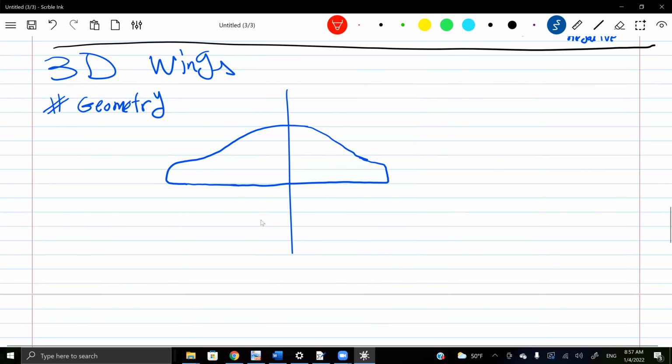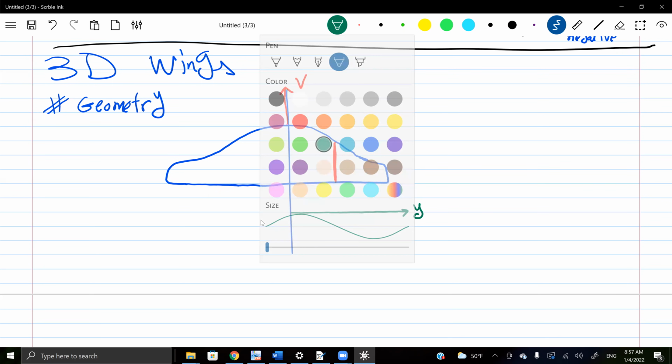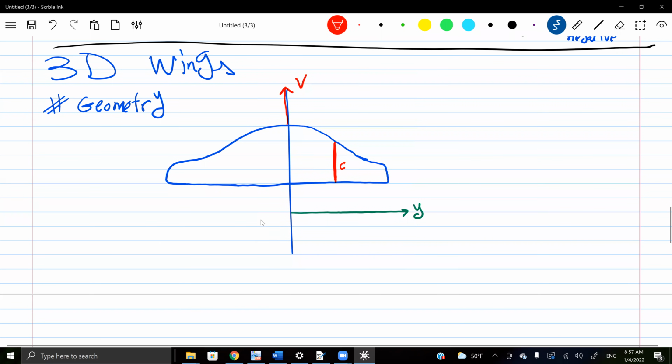Like I said before, any section here is a two-dimensional airfoil. The wing is flying forward like this. This is V. If you can see here, this is the span of the wing. This is the y-axis. So actually the chord length C of the section at a station y is a function of y. It depends on y.